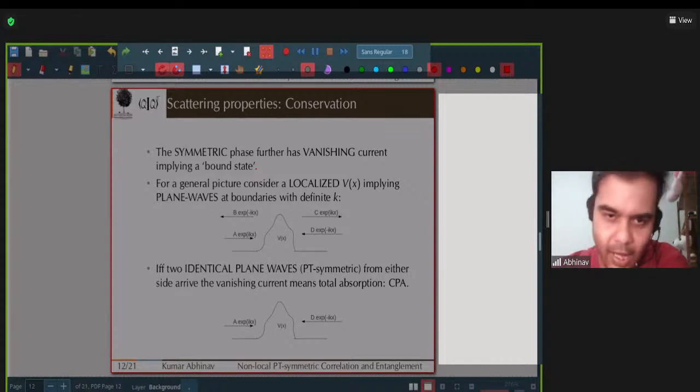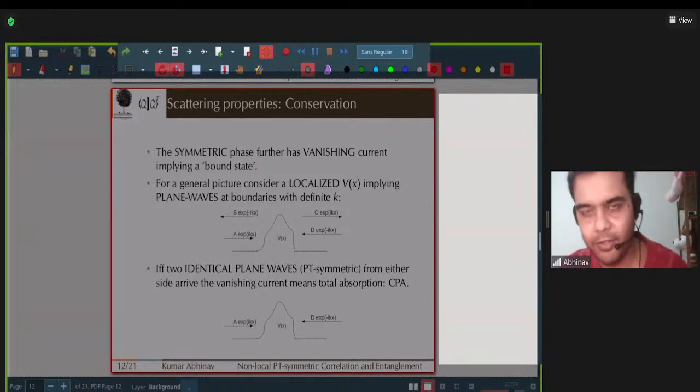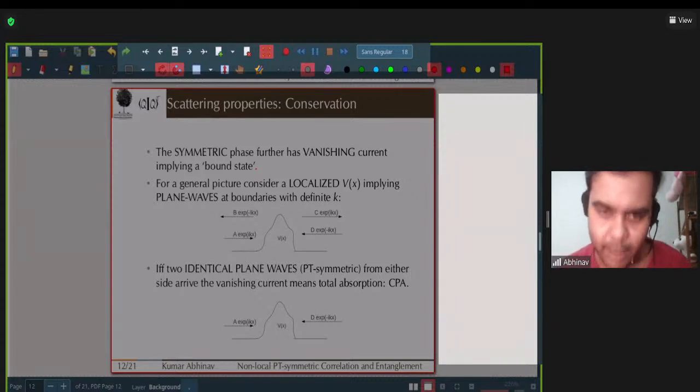If you have identical plane waves, a PT symmetric combination, arriving from two different directions, we see that the current is 0, and there is a possibility that there is no output. If such plane waves are incident from left and right and there is no output, the system is absorbing everything. That can be an explanation of the coherent perfect absorber, which was observed experimentally.